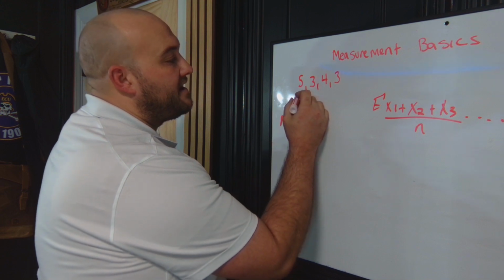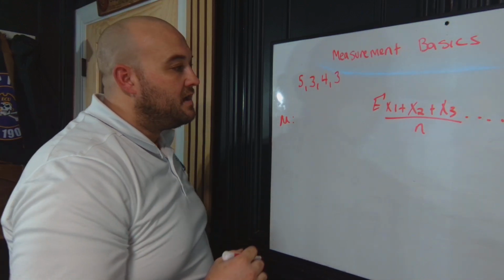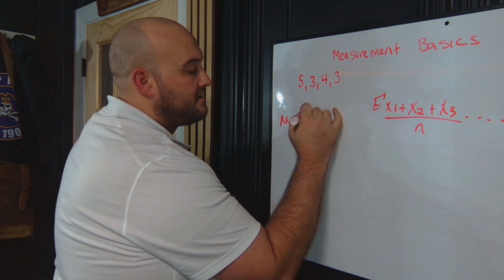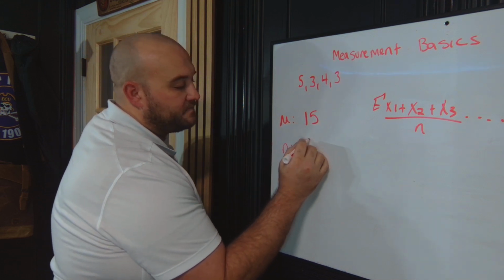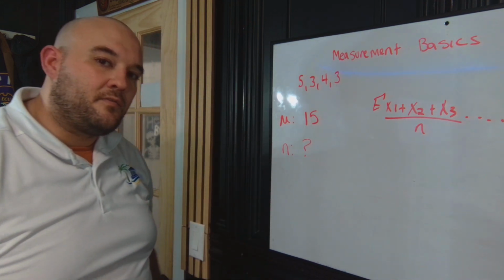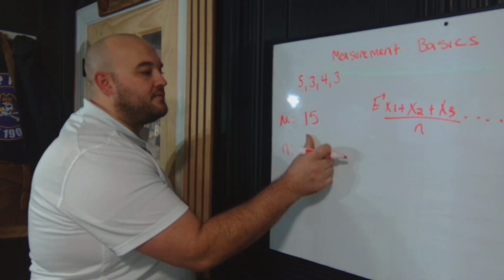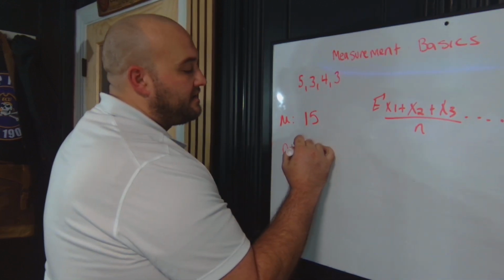So if we said 5 plus 3, that's 8, plus 4, that's 12, and then 12 plus 3, that's 15. Well, what's my n in this situation? Your n represents the number of items in your data set. How many of those do you have? We know that as 4.